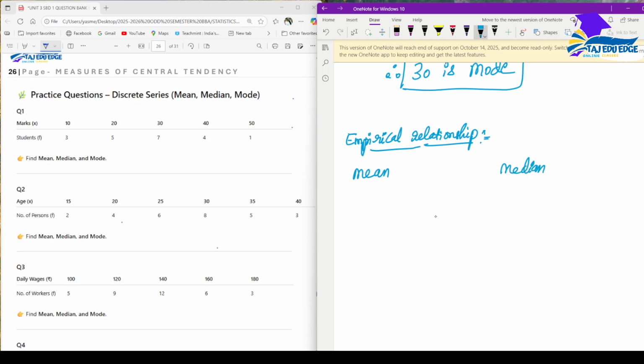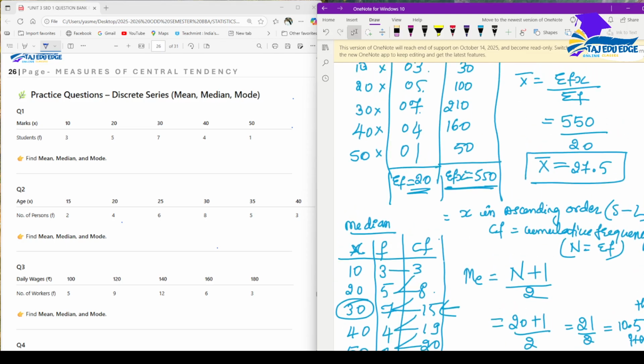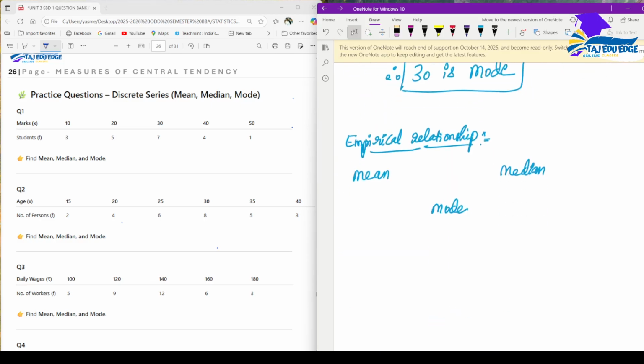Let's assume we don't know what is mode. We got mean of 27.5, median of 30, and let's assume we don't know mode.